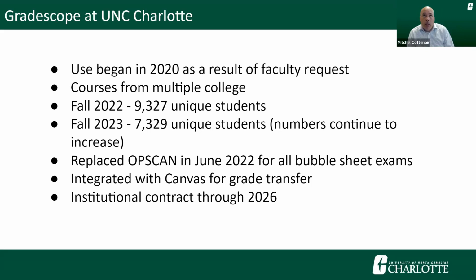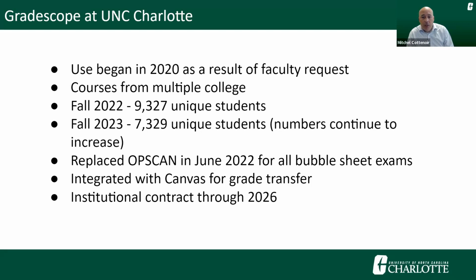CCI, I guess now College of Science, Chess, Business, and let's see, I think those are the main users, engineering as well. And so you can see in fall 2022, we had 9,327 unique student users.